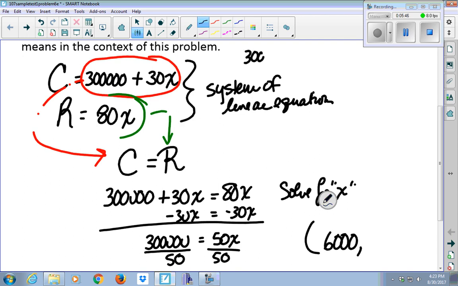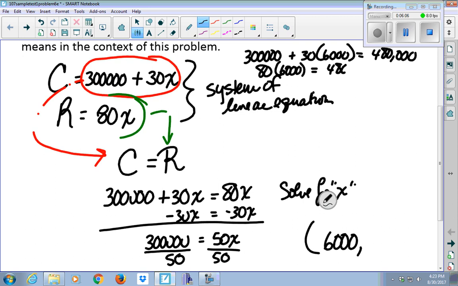So if we take 300,000 plus 30 times 6,000, that will give us $480,000. If we take the revenue equation, 80x, and we put in 6,000 for x, you see we'll also get 480,000. So that is the break-even point, 6,000, comma, 480,000.